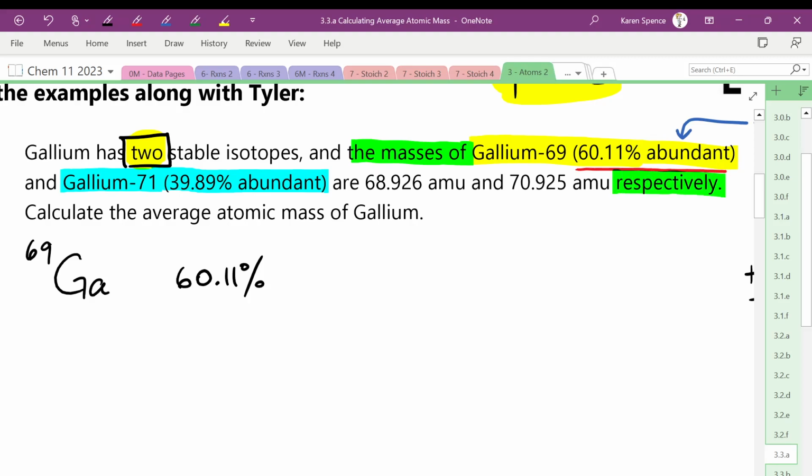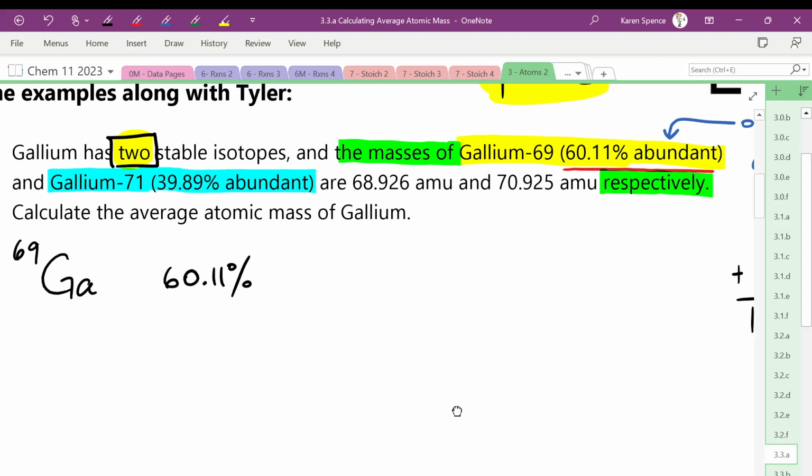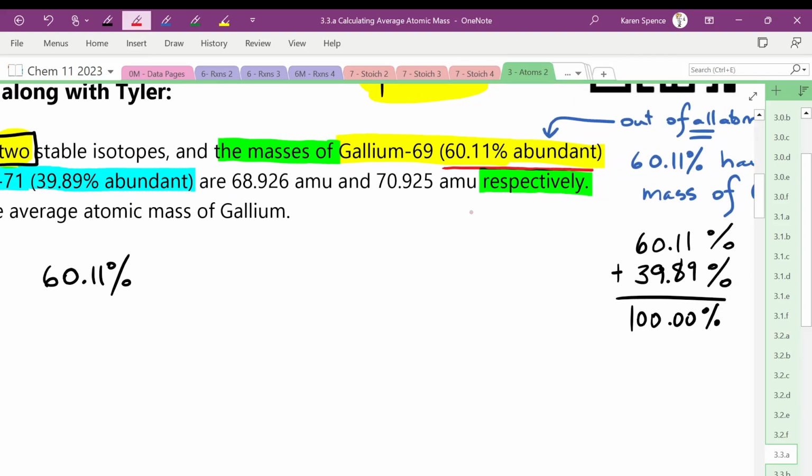Do you guys know what that word respectively means? No. Okay. What it means is that the first mass goes with the first isotope listed. Whenever something says respectively, it means the first thing goes with the first thing and the second thing goes with the second thing. Okay, that's what respectively means.